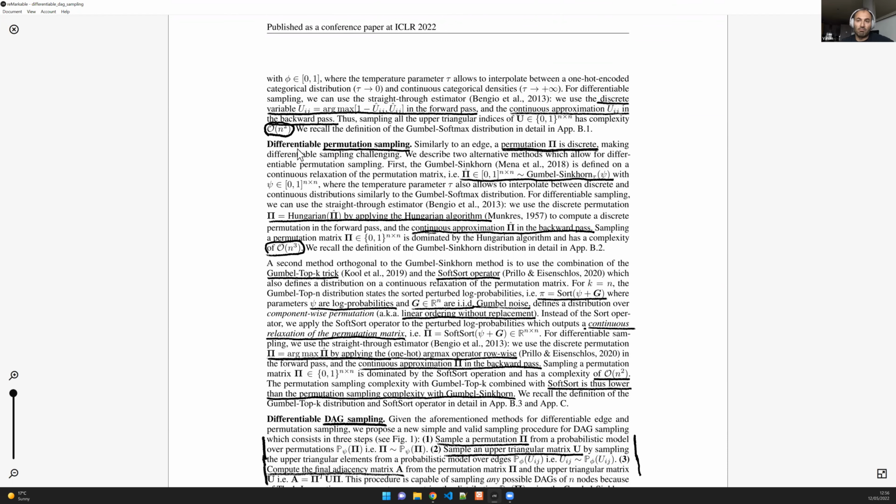The other non-differentiable part that we have to make differentiable is the permutation sampling. The permutations are discrete, because which permutation do you take, right? That's a discrete problem, but again, we replace it with another version of the Gumbel distribution. I actually don't know the details of Gumbel Sinkhorn, but it's a similar trick, right?